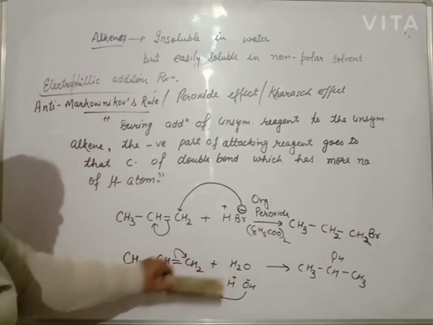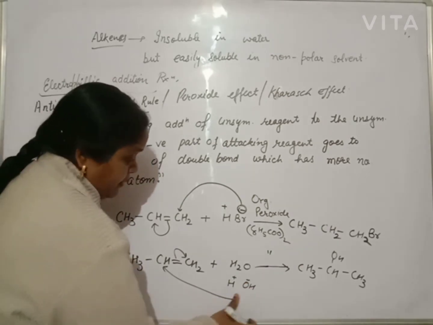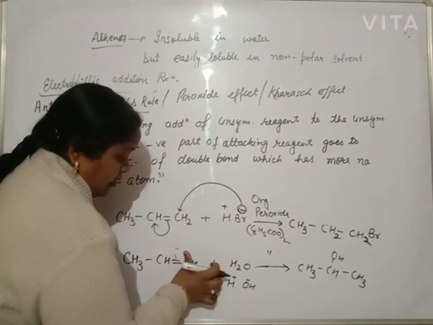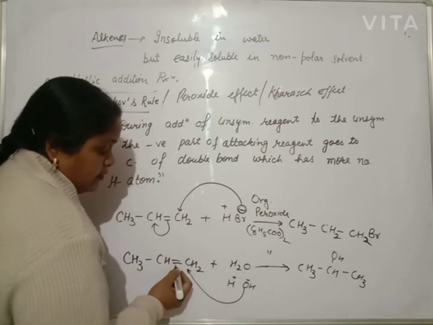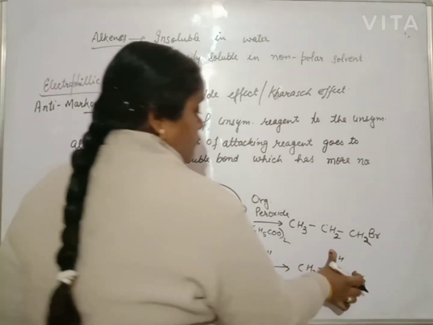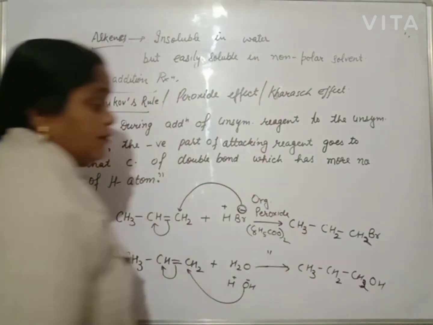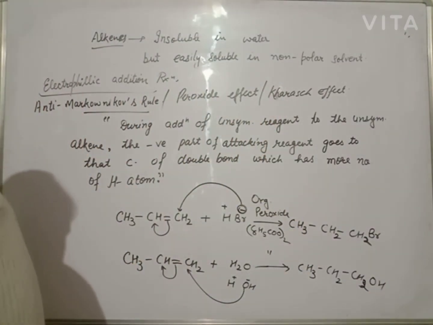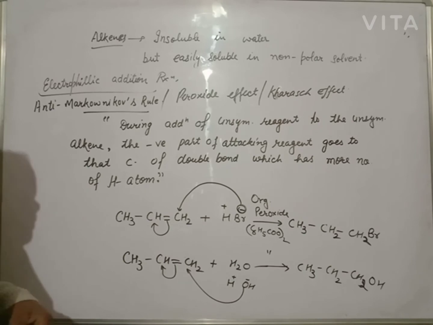If we add water in the presence of organic peroxide, then what happens? Beta, this OH group goes to that carbon which has more hydrogen atoms, and we will get propan-1-ol. Clear? If the negative part goes to the carbon with fewer hydrogen atoms, Markovnikov addition. More hydrogen atoms, anti-Markovnikov addition. Clear?